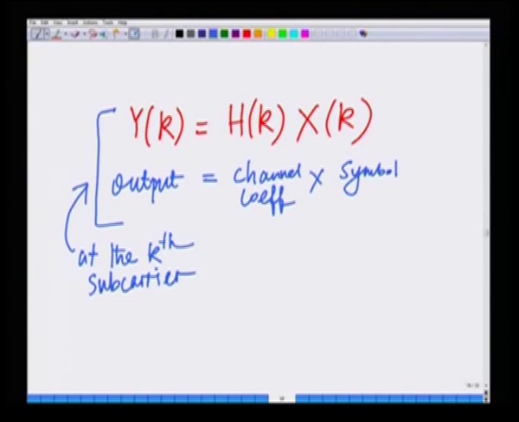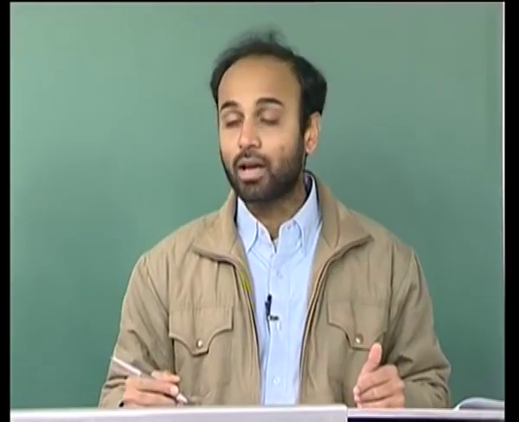The output at the kth subcarrier is nothing but the symbol transmitted on the kth subcarrier times the channel coefficient. Hence what we have is, we have removed the effect of inter-symbol interference across this subcarrier.